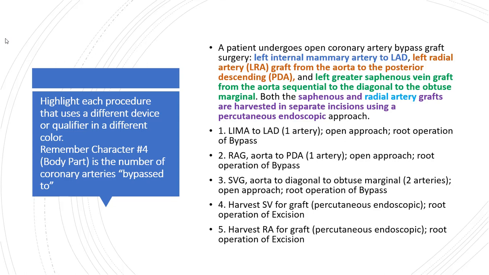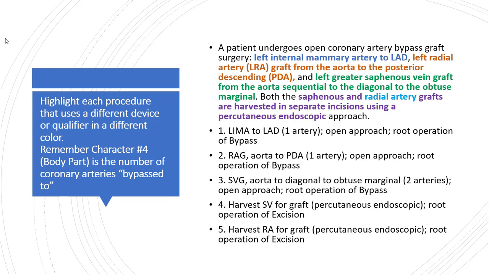The left radial artery graft from the aorta to the posterior descending. That's one bypass. Left greater saphenous vein graft from the aorta sequential to the diagonal to the obtuse marginal. That's another procedure, but this time you're looking at two arteries, the diagonal and the obtuse marginal.